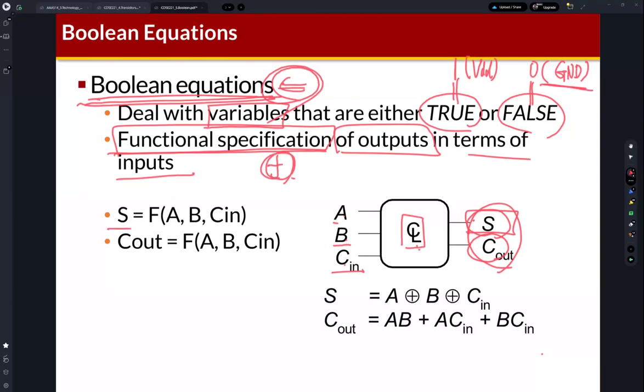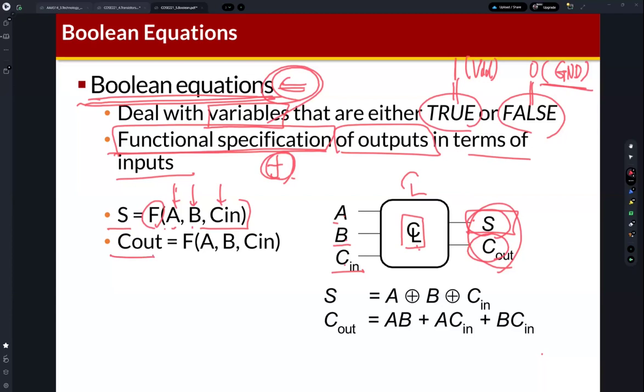So S is the function of A, B, and C in. Only the current signal values are used as the inputs of this functional specification.